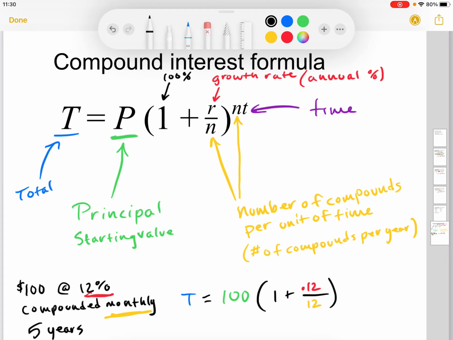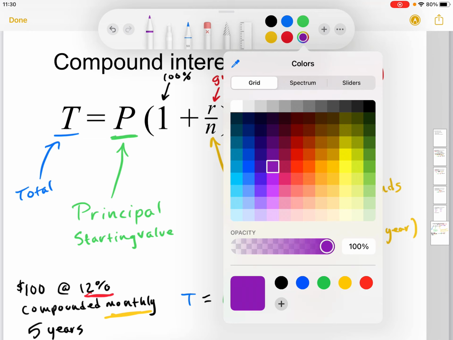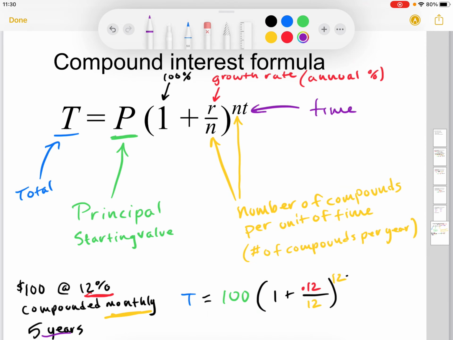So my exponent is going to be 12, or N, times my T value of 5 years. So again, we're given the principal, we're given the interest rate, we're given the number of compounds per unit of time, and we are given how long the investment has to grow.